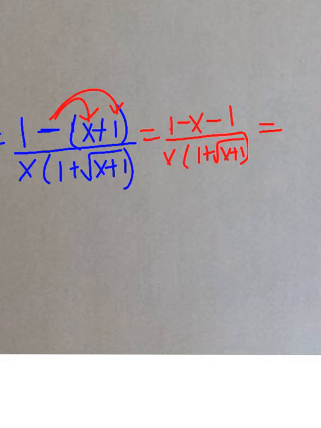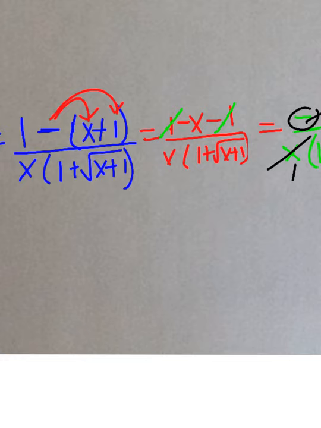They cancel each other out. So now I'm left with negative x over x times 1 plus the square root of x plus 1. So then what happens is the x's reduce, but they reduce to negative 1 because there's that negative there. So then I have negative 1 over 1 plus the square root of x plus 1.